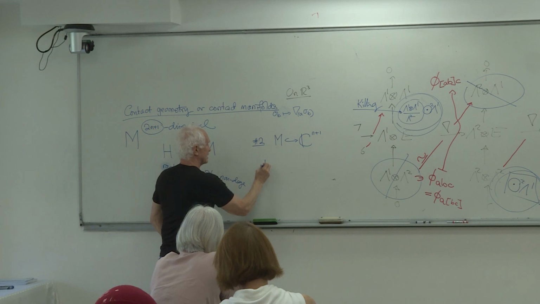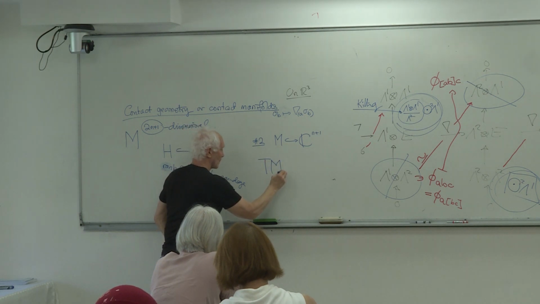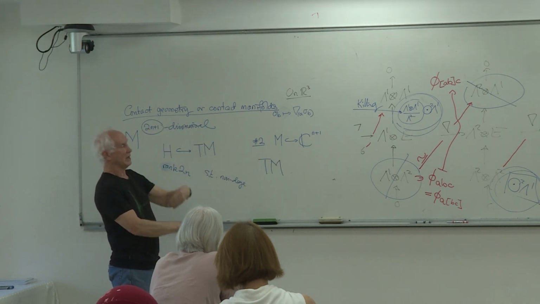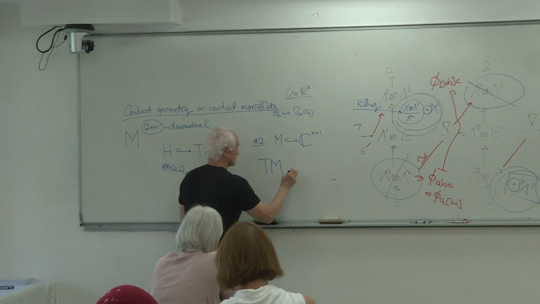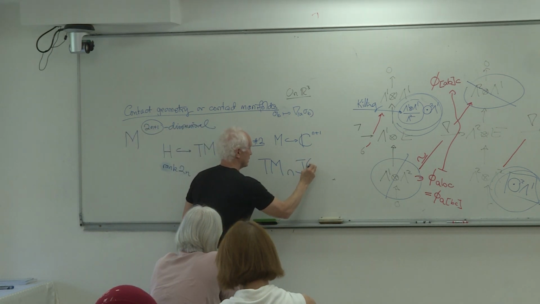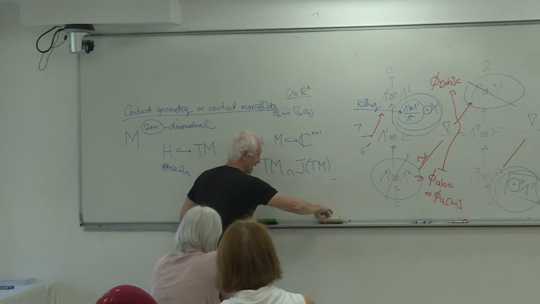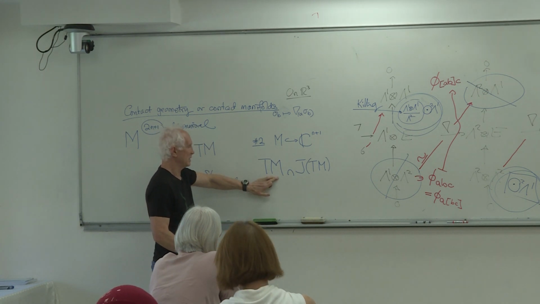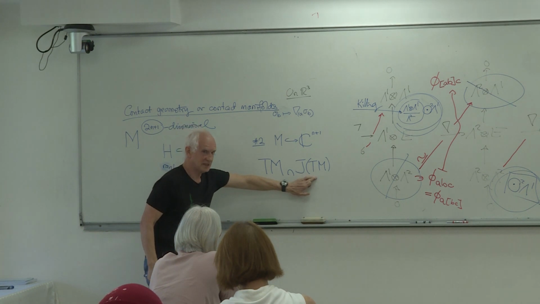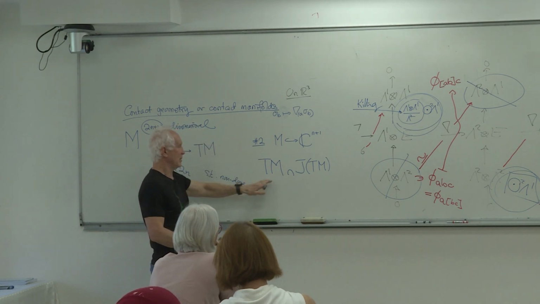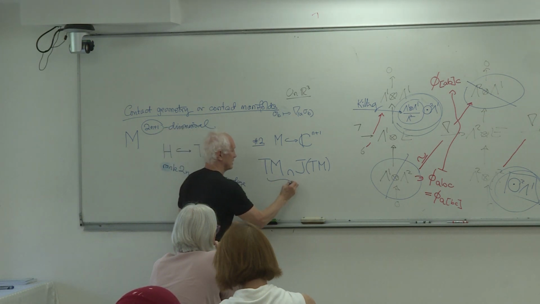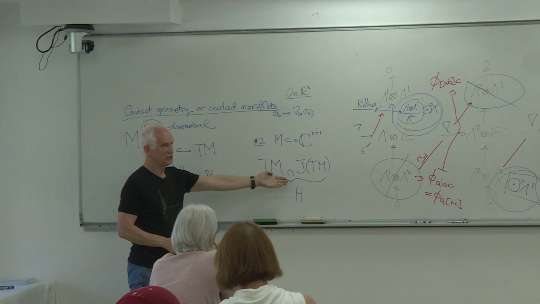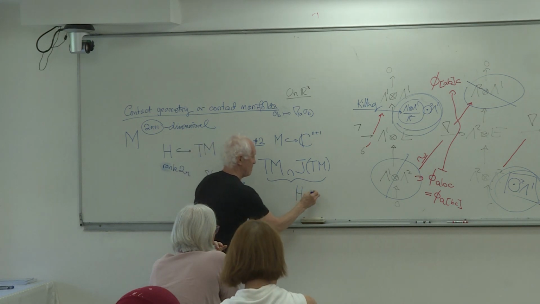So you can take the tangent bundle of M, which sits as a subbundle inside the tangent bundle of Cn plus 1, and you can apply J to it, where J is multiplication by i, but thought of in a real way, and you can look at the intersection between the tangent bundle to M and J times the tangent bundle to M. And this will have even rank, rank 2n. This will be H, and it will sit inside the tangent bundle of M.